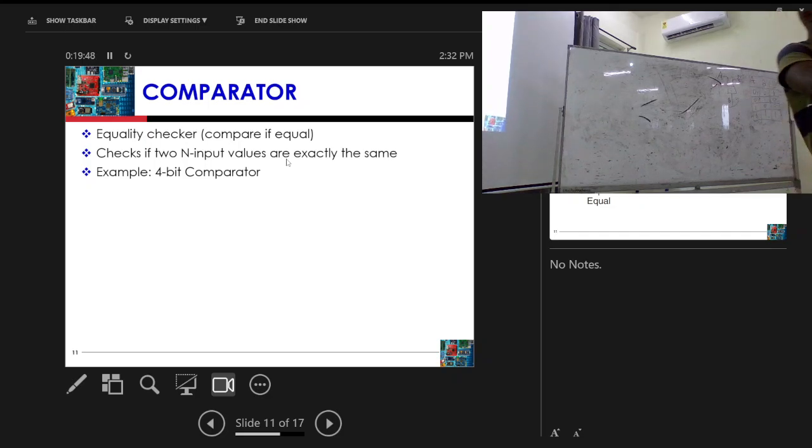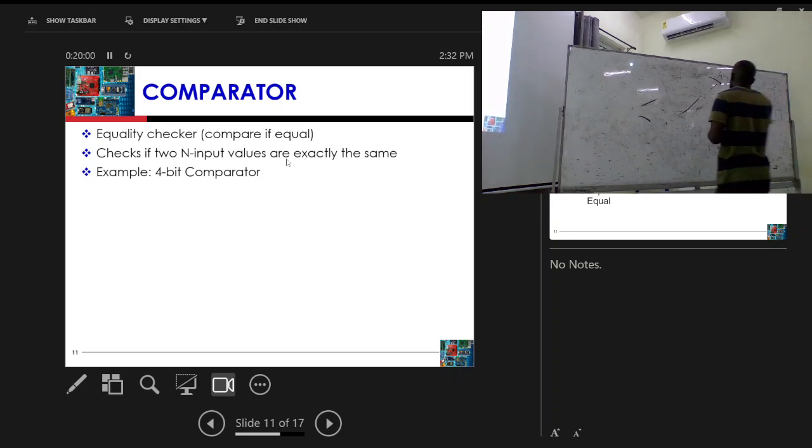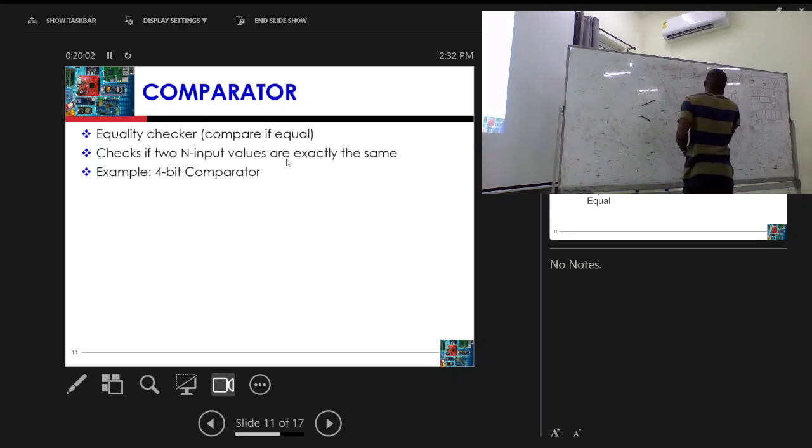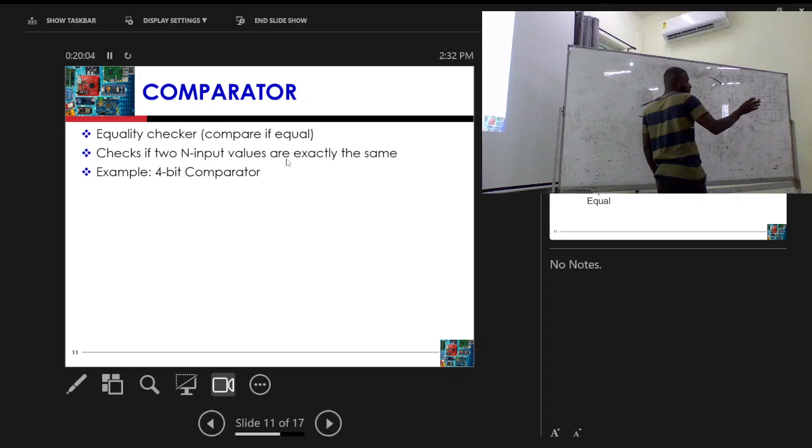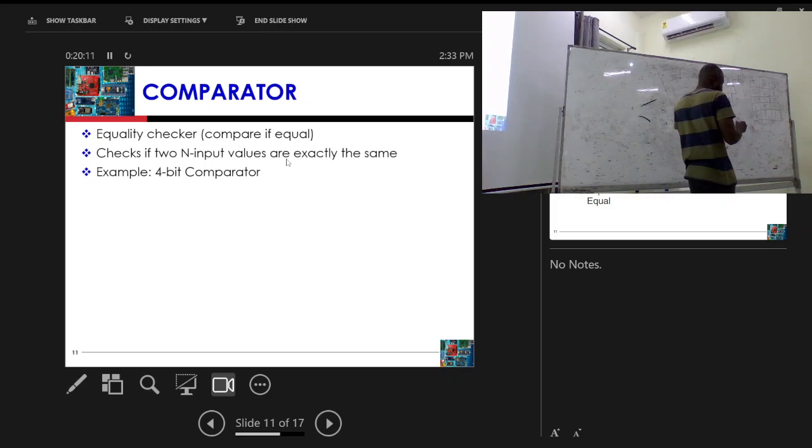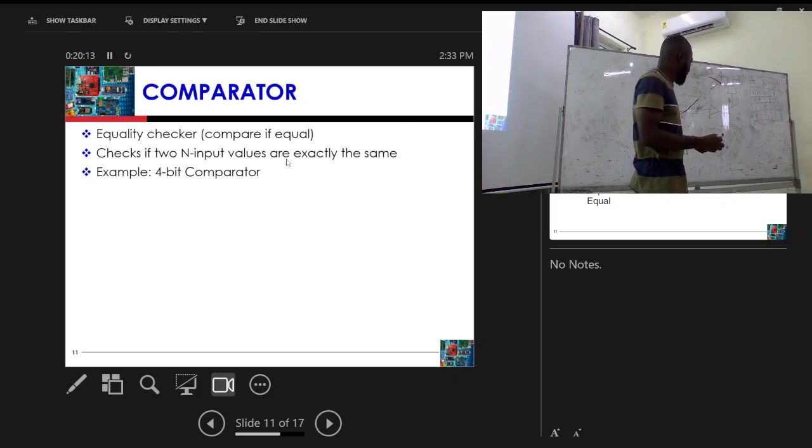Not gate? The NOT gate has only one input, so you cannot have A and B. Only A, and then it gets inverted. So it's not the NOT gate.